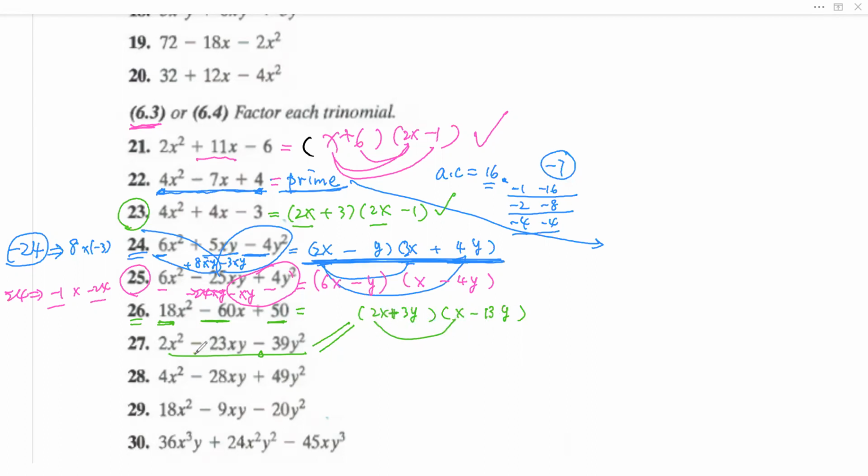So you got a negative 23. And finally 3 times here, you got a negative 39y squared, right? So here is plus, right? All right, thank you. 26, Angie, can you redo this 26?